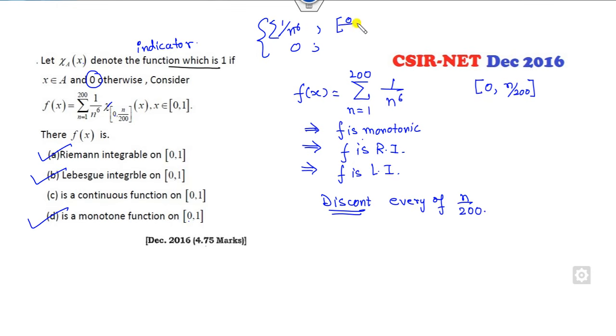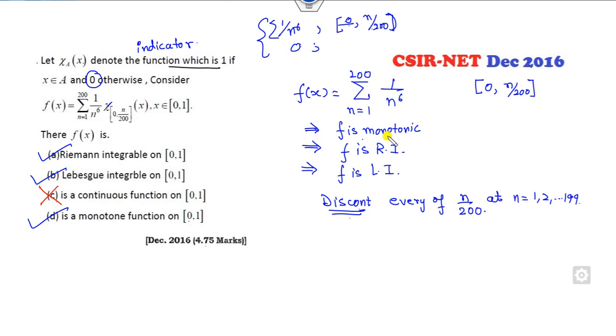So the function is continuous at 0, but it is discontinuous at every n where n is 1, 2 up to 199. So the claim that it is a continuous function is wrong.